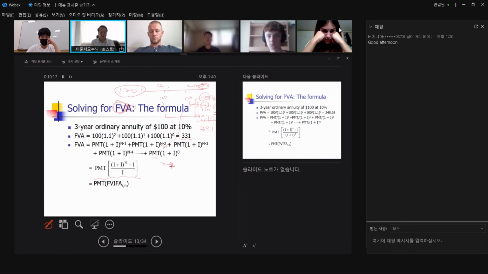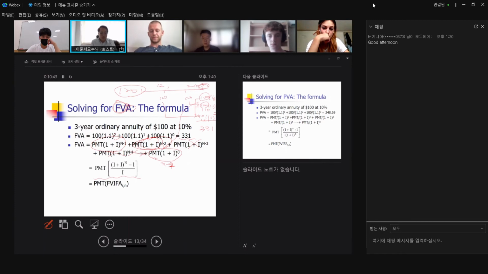If the maturity is 3 years, we don't have to think about this one, right? So there are 3 terms. This one is the $100 we receive at year 3. This one is $100 at year 2. This is the amount that we will receive in the first year, right?